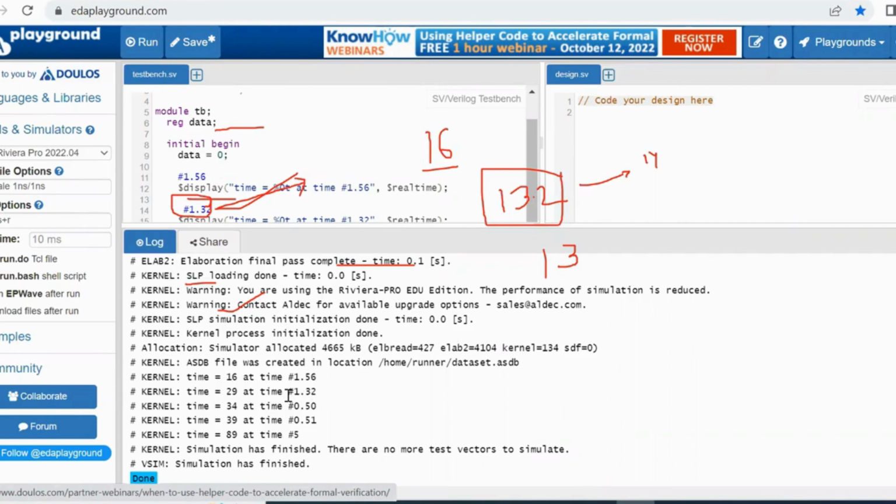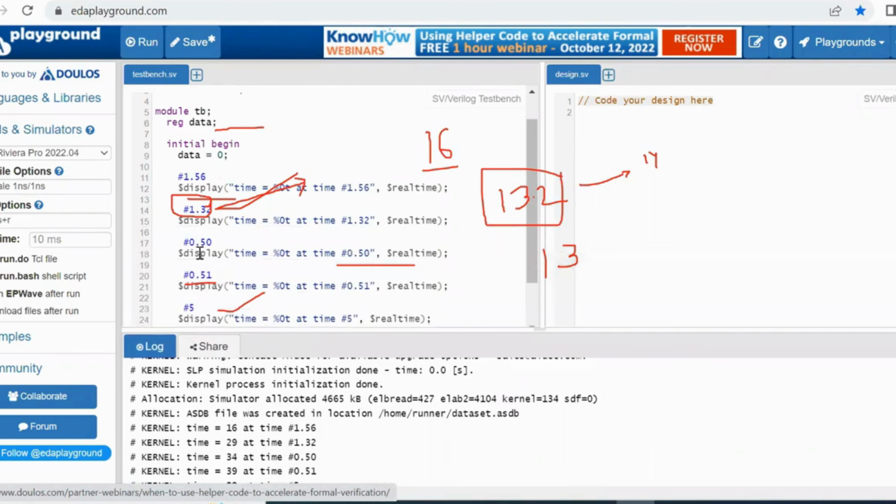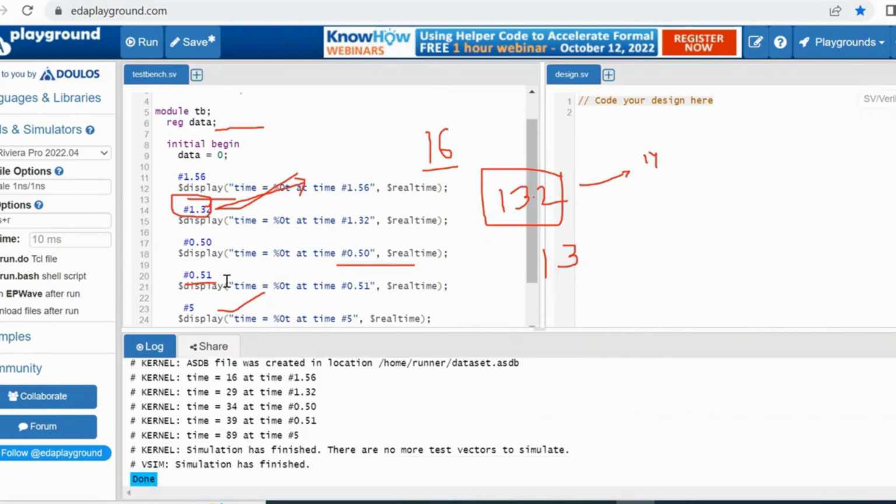At time 29 the 1.32 statement is displayed. At time 34, like 29 plus 5, because this 0.5 into 10 is 5, rounded off to 5. Next again 0.51 is rounded off to 5, so 39, and again 5 plus the previous value. Okay, this is how we can take the precision.